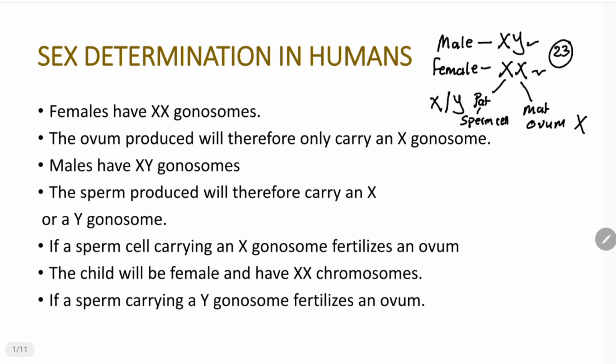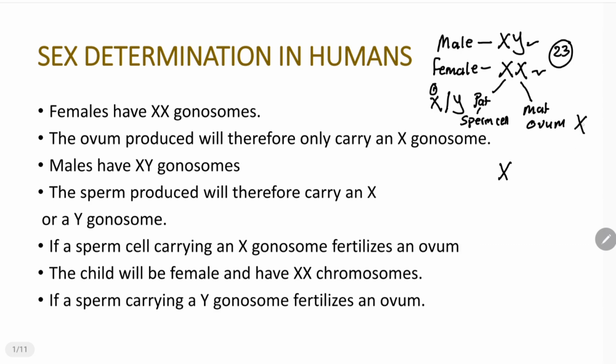So now let's try to reason what we're trying to explain here. Let's say this sperm cell is carrying an X gonosome this time and fertilizes this ovum. In position 23 of this sperm cell, there's going to be an X chromosome. In position 23 of this ovum, there's also going to be another X chromosome.